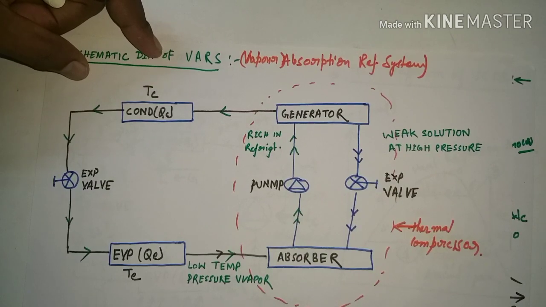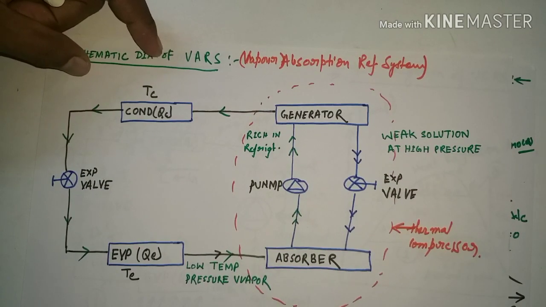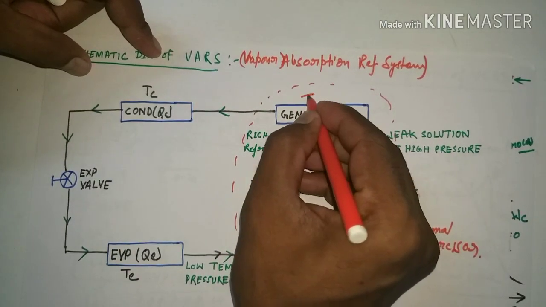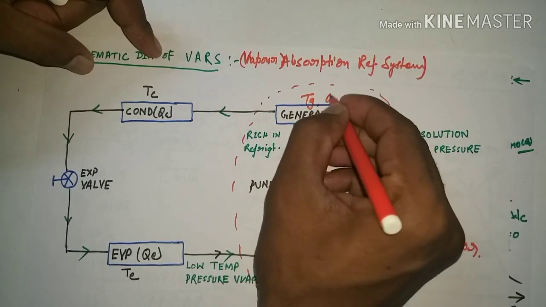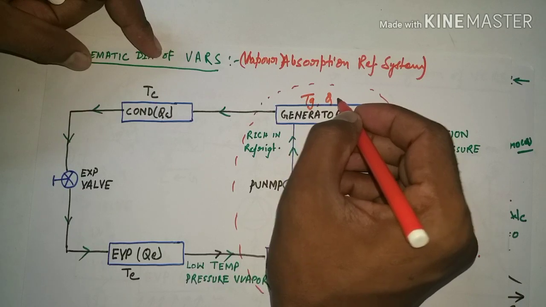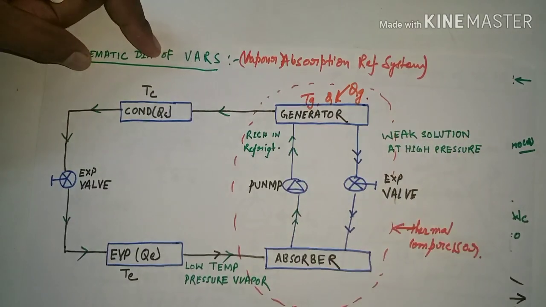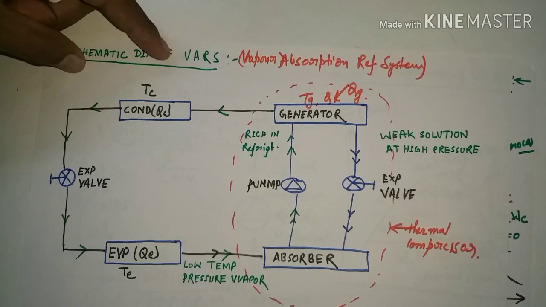So how do we make a thermal compressor? In thermal compression, there are mainly three main components. One is the generator, where temperature is maintained at TG and heat is given. Here we supply heat QG at temperature TG.